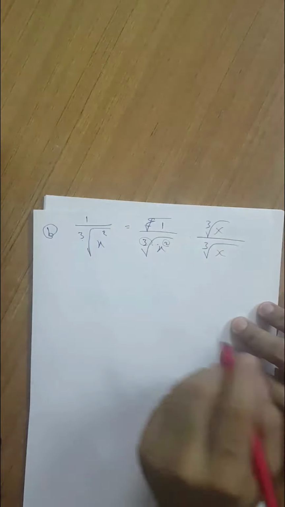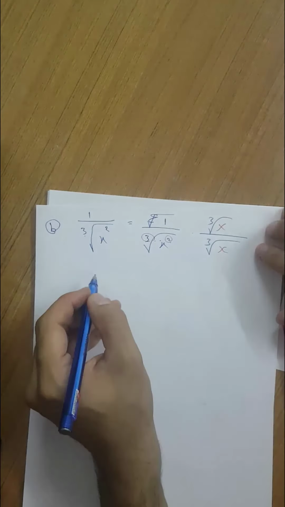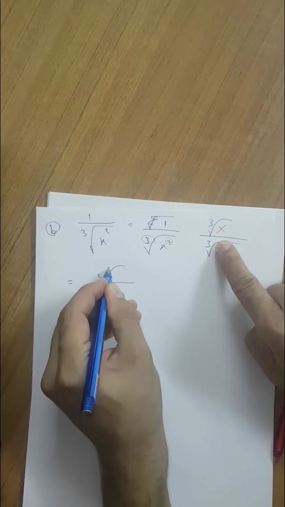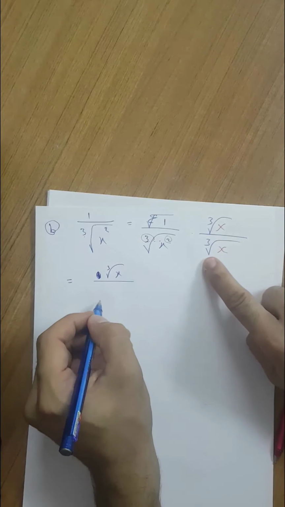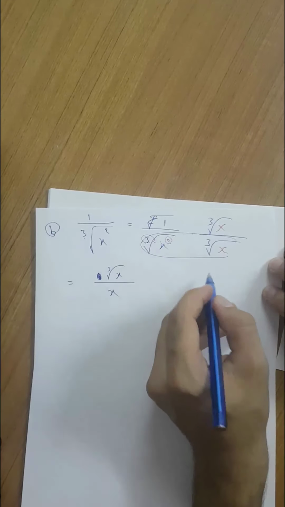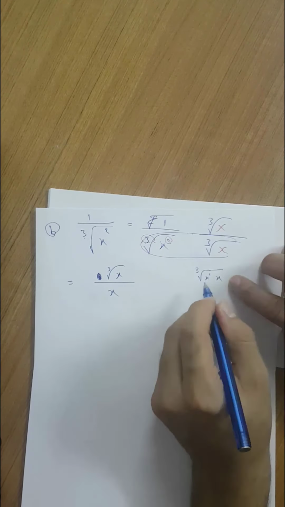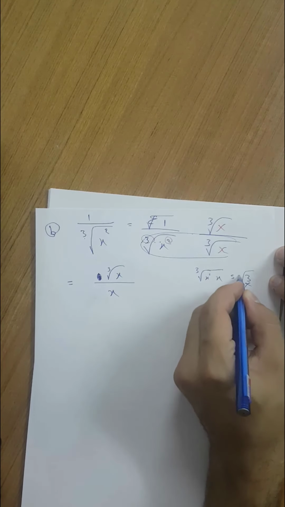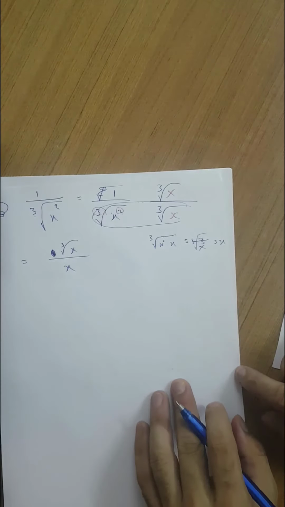Now I am changing my question, or let me solve this one, then later I will change the question. So we say 1 by cubic root of x, it remains cubic root of x. Now this one, it remains just x. Why? Because if you multiply this one, you get 3x squared by 1x. Now I will get x cubed, cubic root by 3, and it just remains x. That's why we did it like that.